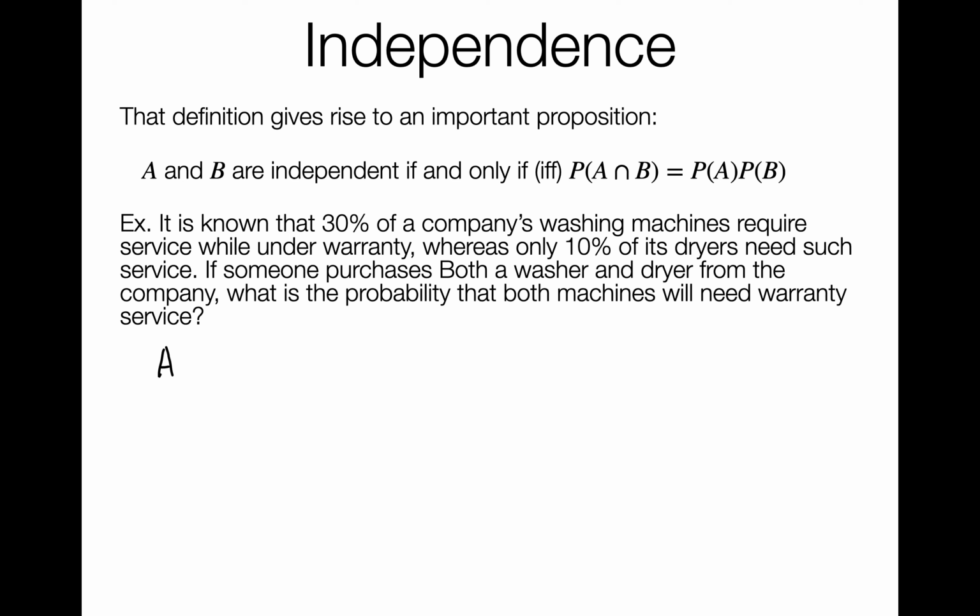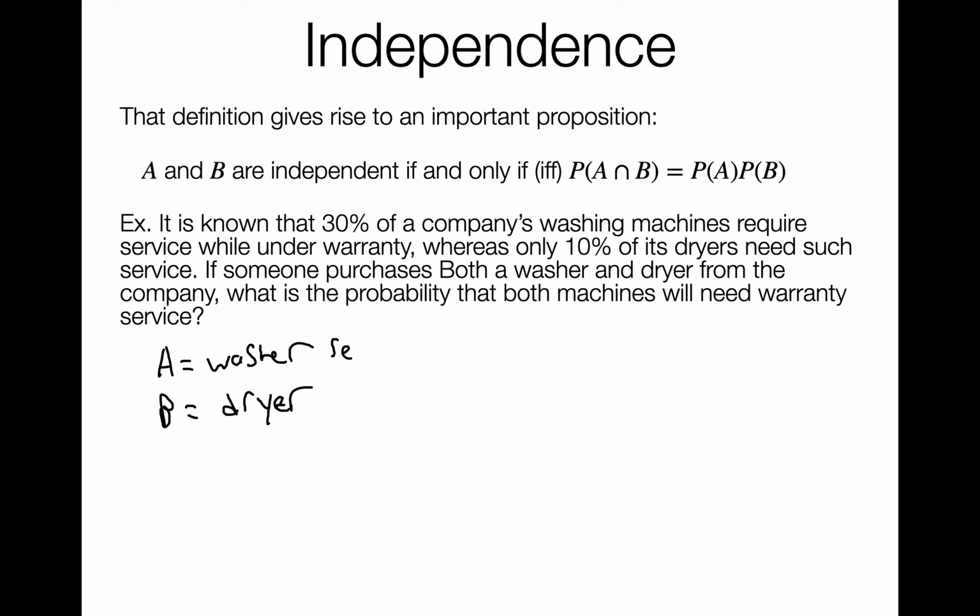So if we let A be that we sell a washer, and B is the dryer. Okay. I guess we should be more concrete about what A and B are. Really, A is that we need to service the washer while under warranty.